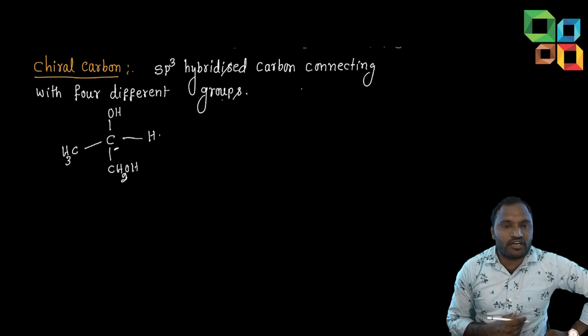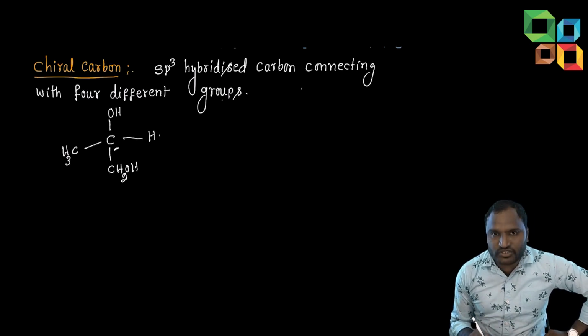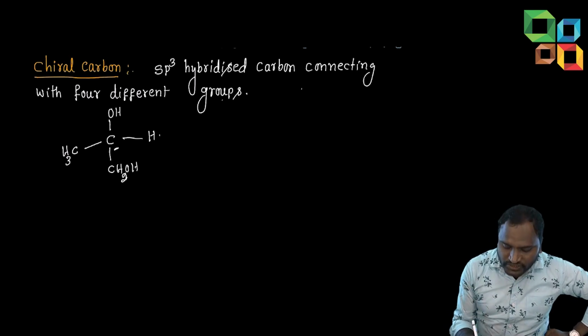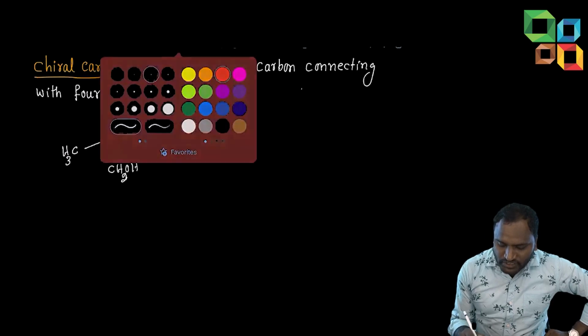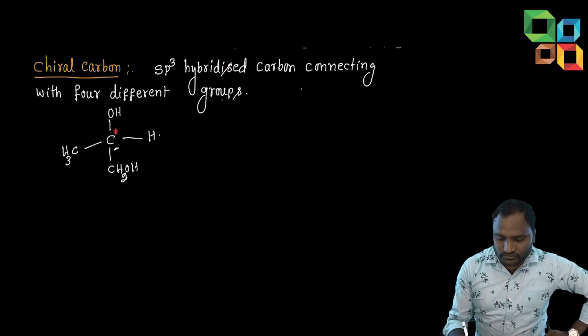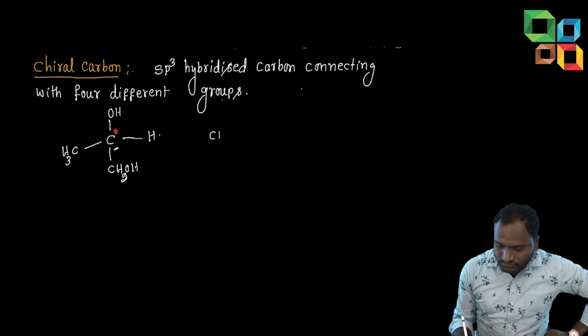Yes, it is a chiral carbon because OH is one group, methyl is one group, CH2OH is another group, and hydrogen. All 4 are different, so it is a chiral carbon. Generally, for chiral carbon atoms, we put a star mark. Next, I will write one compound.